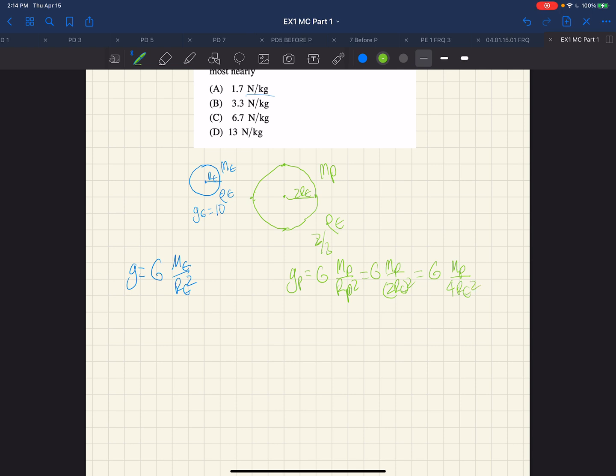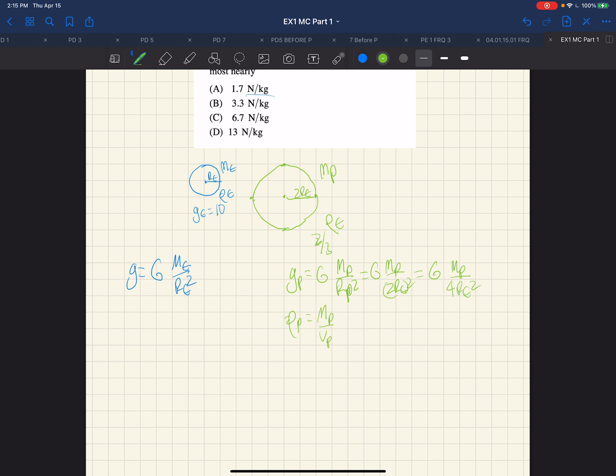What we know is the geometry of the planets, which allows us to figure out the volume, and that's related to the density. So we know the density of the planet is 2/3 the density of the Earth. Rho planet equals mass of the planet divided by the volume of the planet.